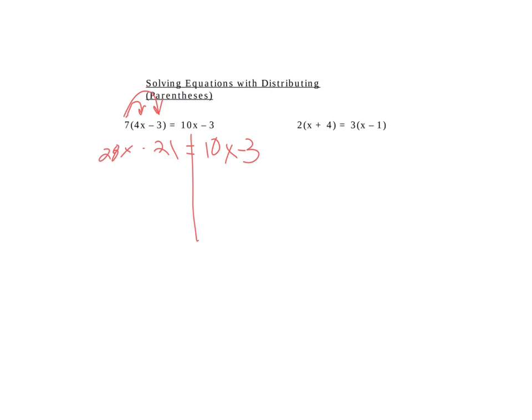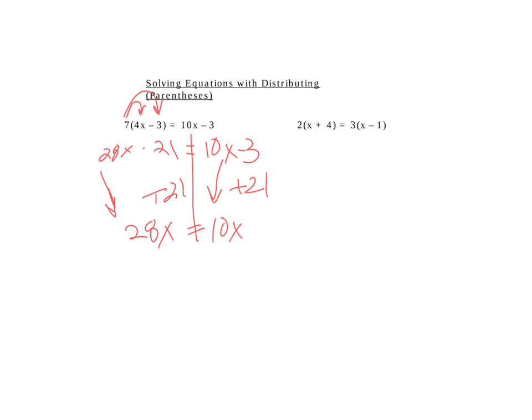All right. Let's start with our numbers. Minus 21, if I add that, plus 21 to each side, I get 28x equals 10x. I've just brought this down, and I brought this down.